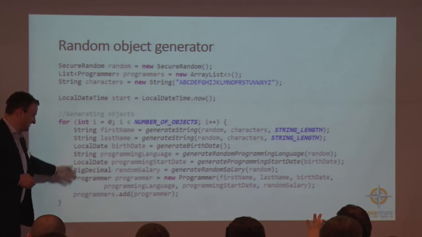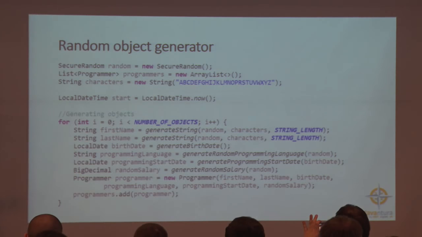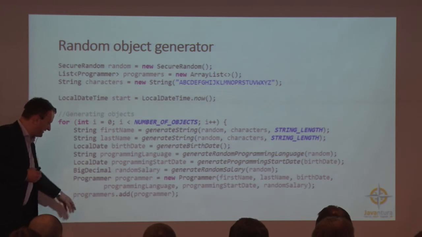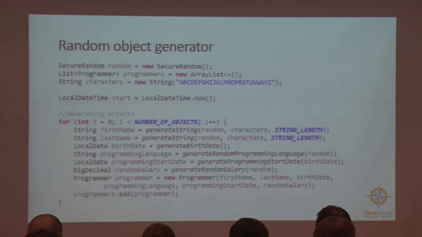And of course, I generate the programming language as a random value, and a start date and a salary and so on. After I create my new programmer object, I add this object to my list.